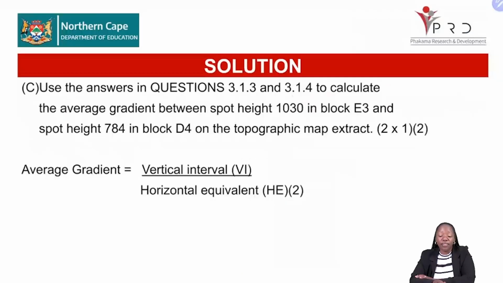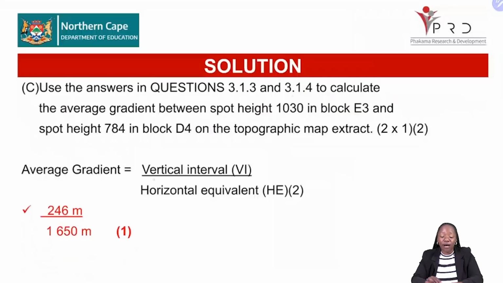Right, looking at our solutions, remember we already calculated our vertical interval, which is the difference in height, and it is 246 meters. And we already calculated our horizontal equivalent, which is the distance, and our answer was 1,650 meters.